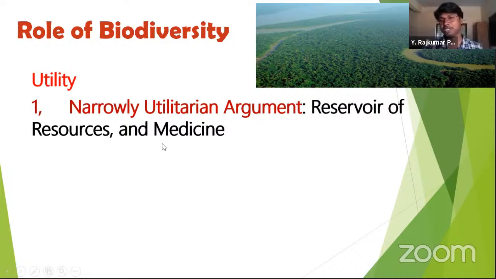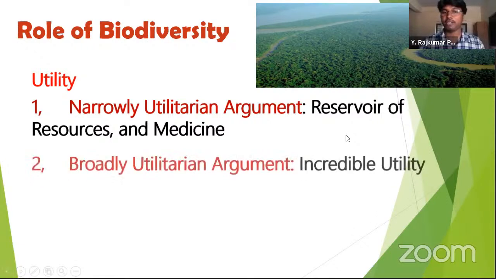Reservoir of resources means we get food, shelter, and different kinds of products like latex, paper, rubber, wood, furniture. All these things we are getting from the biodiversity itself. And we are getting different kinds of medicines for protecting ourselves and for increasing our lifespan, isn't it?